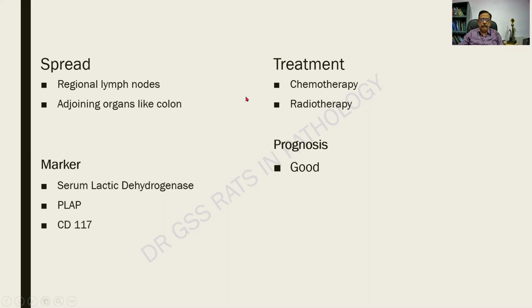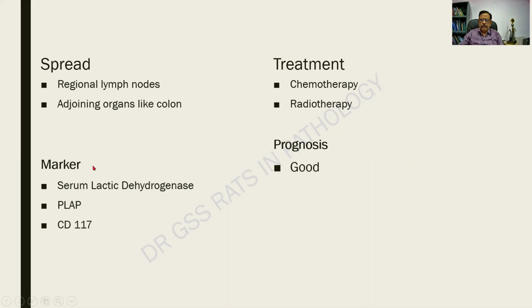For the sake of completion, we shall go on to the spread of a dysgerminoma. It is usually to the regional lymph nodes and restricted to the pelvic organs or adjoining organs such as the colon. The treatment is chemotherapy and radiotherapy, and the prognosis in general is good.